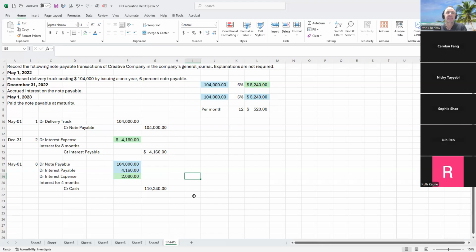Yes. Those two, they're killing each other, aren't they? That payable kills this payable. This payable kills this payable. The only thing that we have to pay is the interest.